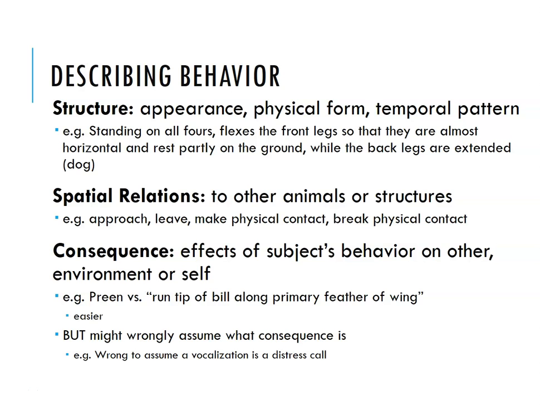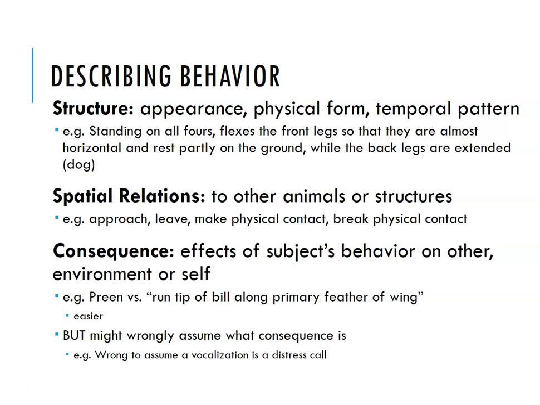So you don't want to assume that a vocalization is necessarily a distress call, because it may not be. However, in an organism that has very well-defined behaviors, distress call may be enough information about the behavior to actually describe it and give some sort of intent to it.